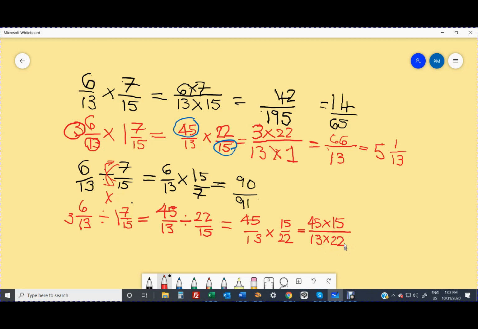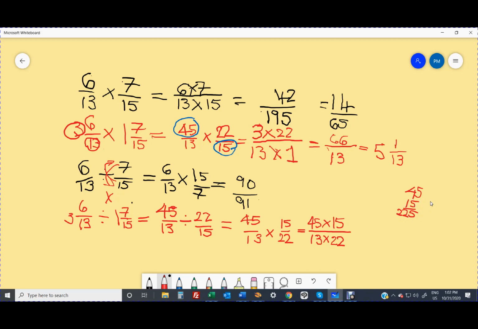Yes, we have to go a little bit over. We will do it over here. 45 times 15. Okay, 5 fives 25. So we do it the hard way. 5 fours 20, so that's 22.